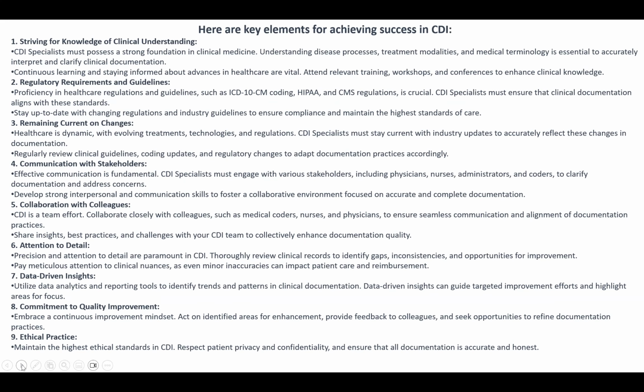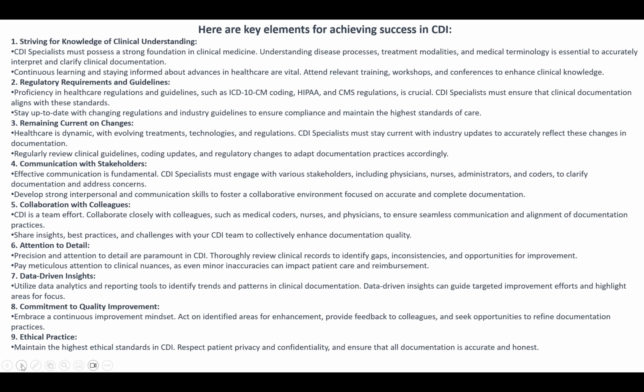So embracing a continuous improvement mindset and acting on identified areas for enhancement, providing feedback to colleagues and seeking opportunities to refine documentation practices. And, again, when you have a numbered list, number 9 does not necessarily mean last or less important.